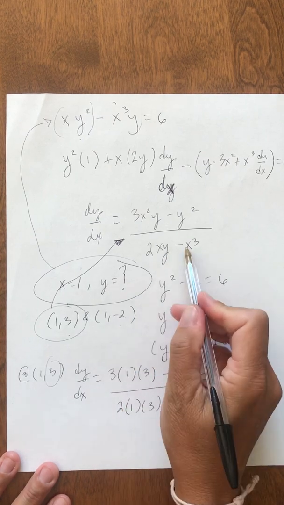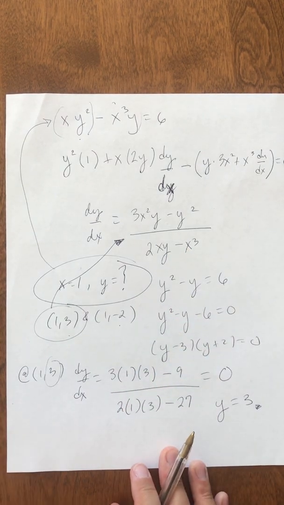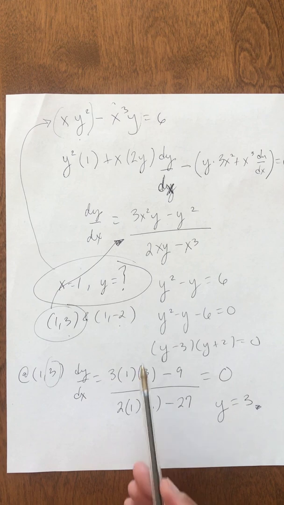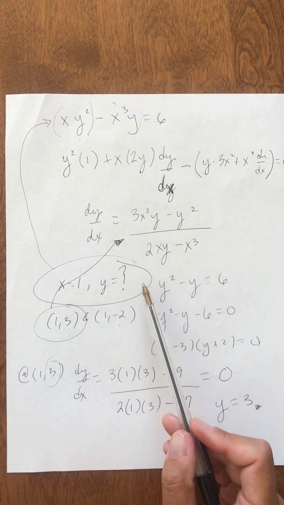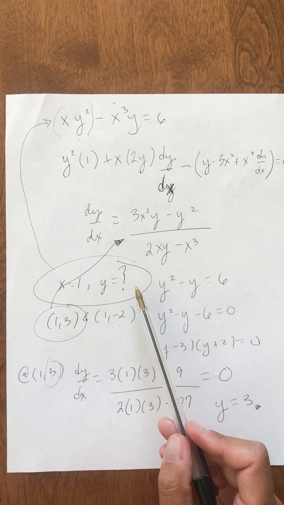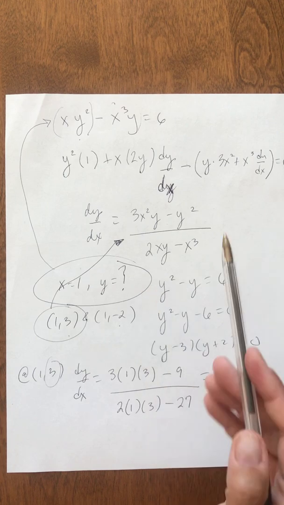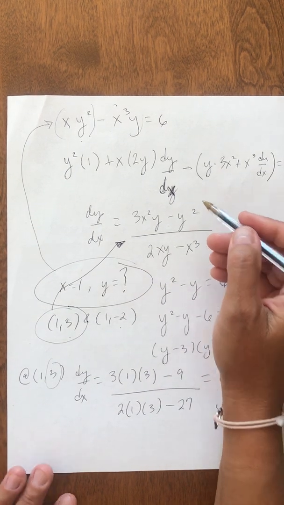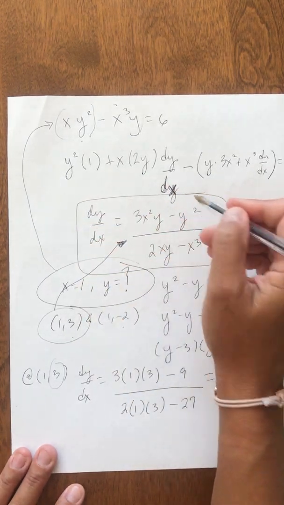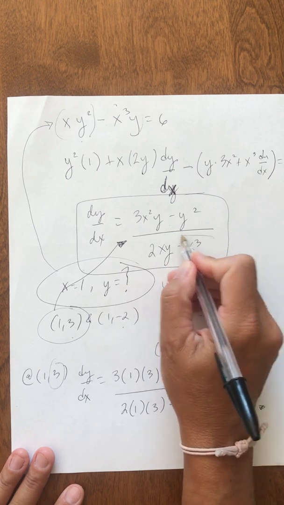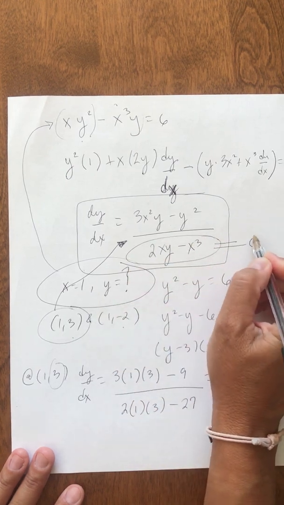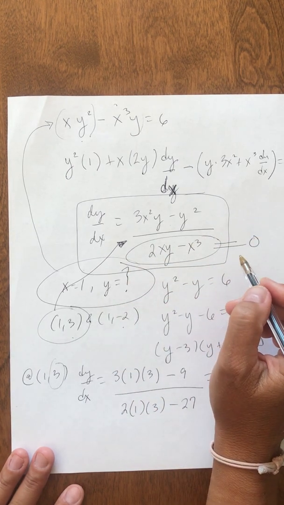So we could do the same thing with this point and plug it in here. For the last part on this worksheet, find the x-coordinate of each point where the tangent line is vertical. If my tangent line is vertical, what do I know about my slope? It's undefined, which tells me that the bottom has to be equal to 0.